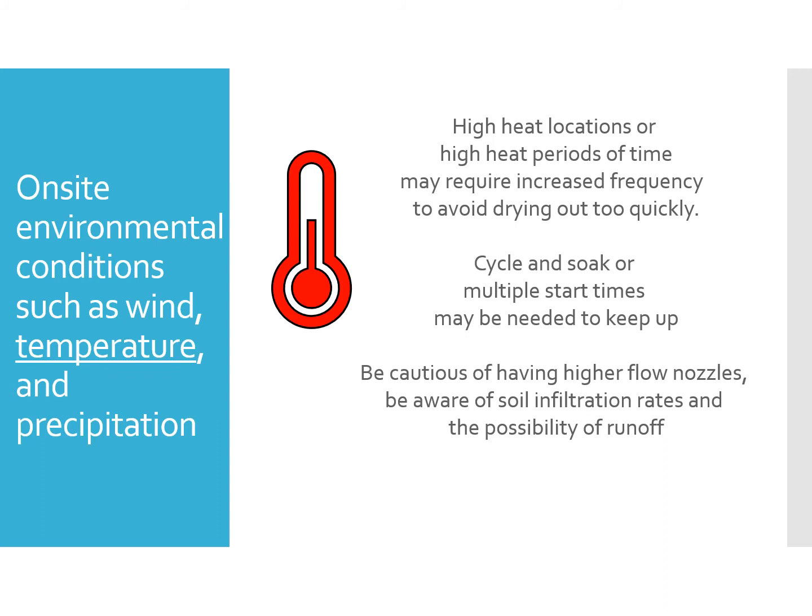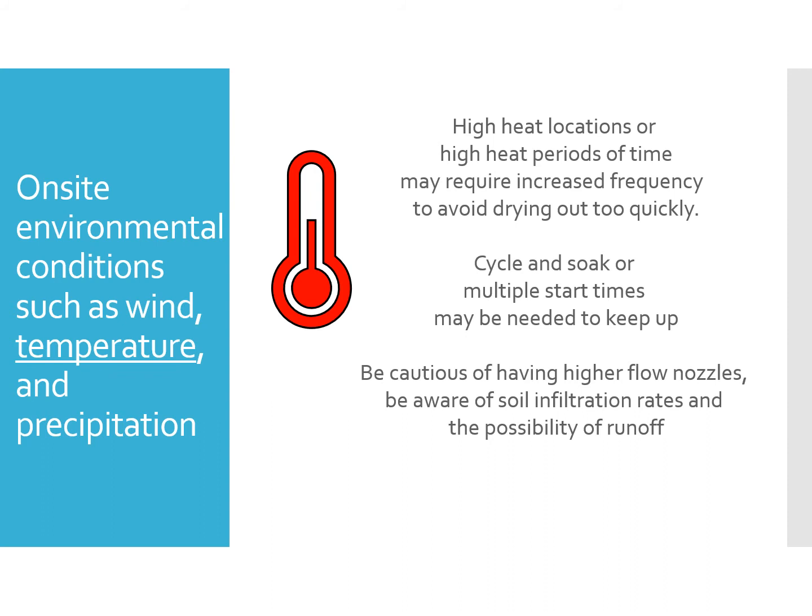So one option that you have is something called cycle and soak, which we'll get into more when we get into controllers. Basically, you take the amount of time in a day that you'd like to irrigate and break it up into several pieces.